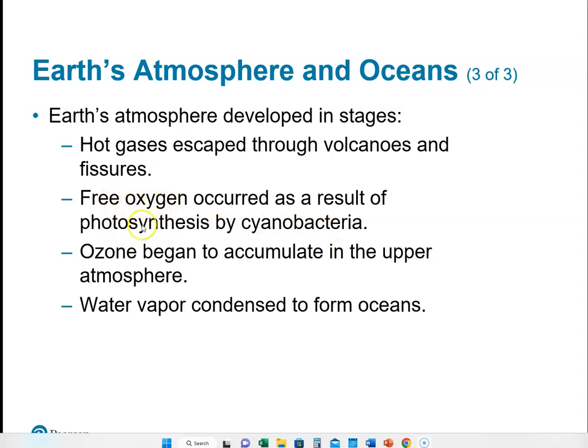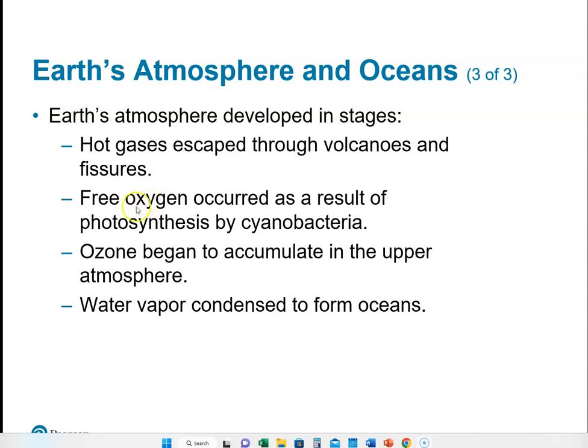Most of the free oxygen went into the oceans, dissolved into the oceans, but then eventually enough of it gets put into the atmosphere, and the atmosphere begins to have O2 molecules, the free oxygen, the stuff that we need now to breathe. The animals need to breathe.